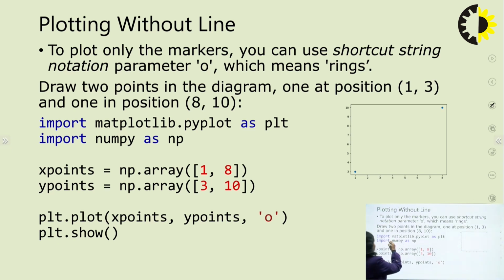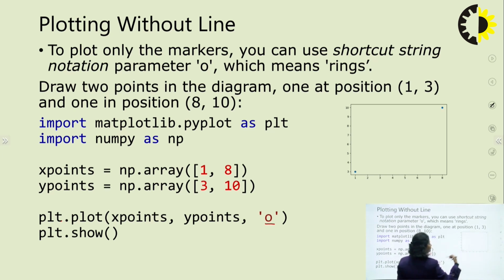Okay. So first we have to import the matplotlib library. Another, we have to import numpy as np. After that, two arrays, one for x points and one for y points, as we discussed in the previous slide. Then plt.plot with x points and y points, two parameters, one for x points and another for y points. O is defined for a marker, that is O, like this.